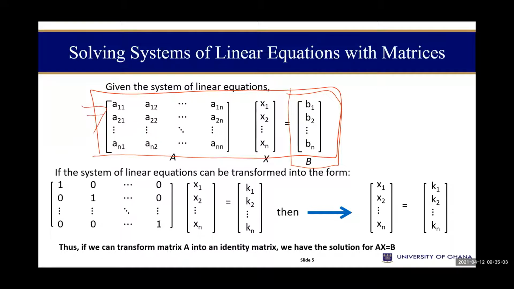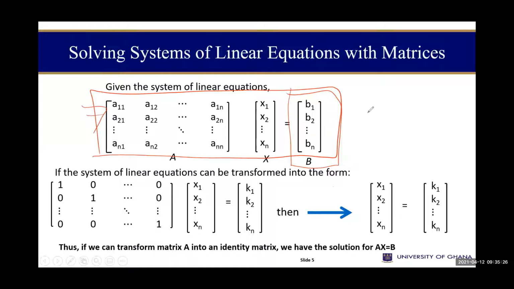So if the systems of linear equations can be transformed into a matrix form, therefore we are saying that in order to find the values for the decision variables, we can use a method called the Gauss-Jordan method.